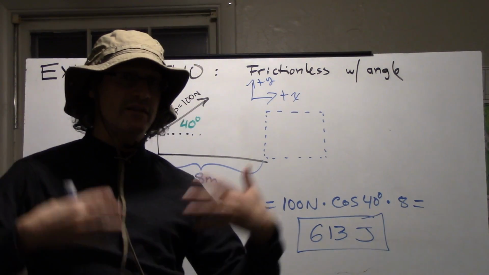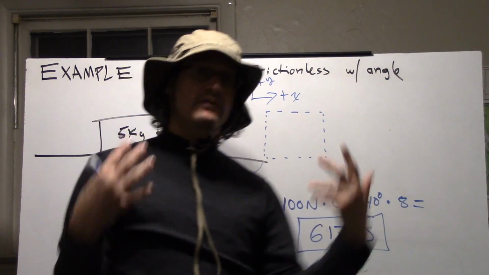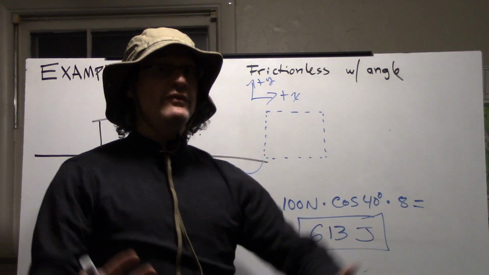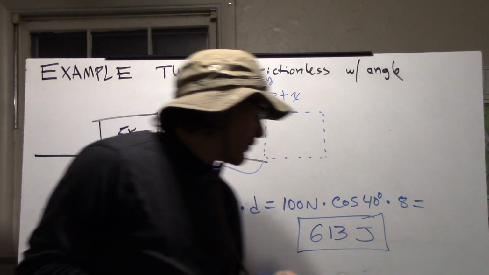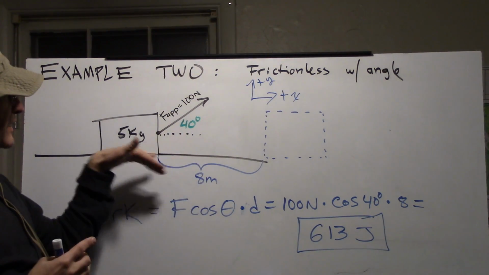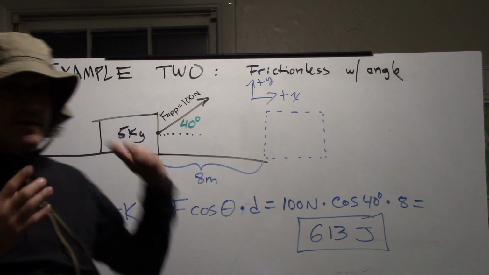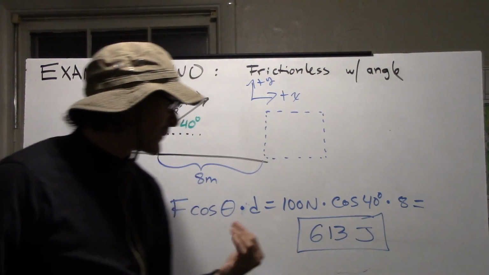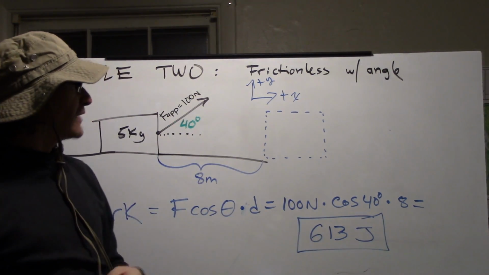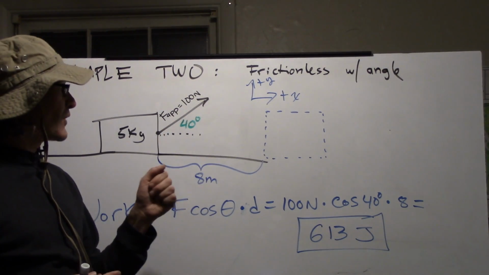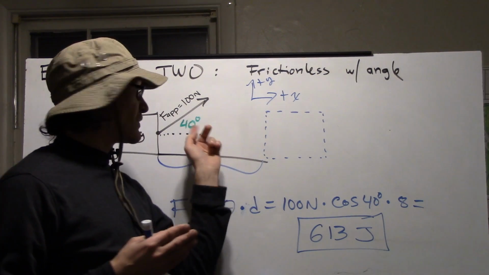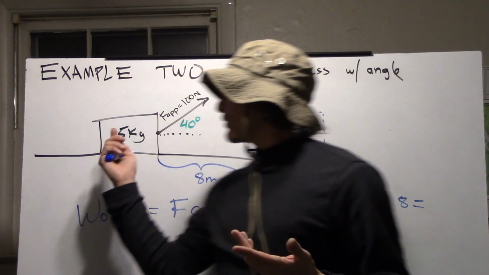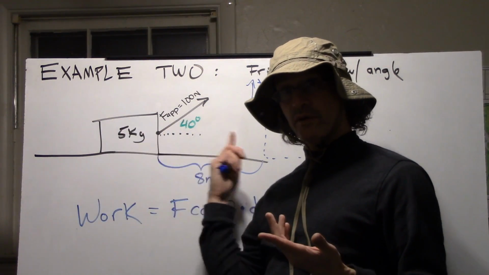What that will mean is that this object will possess less energy. There's an equivalence between work and energy that we will see soon. What happens is that this work actually gives this crate kinetic energy, the energy of motion, and it will do so with a little bit less because of this angle over here. We know that not all of this force is going to be used to move this crate in the forward positive x direction.